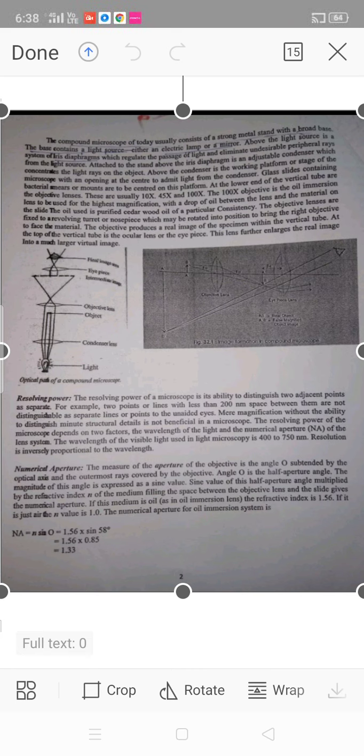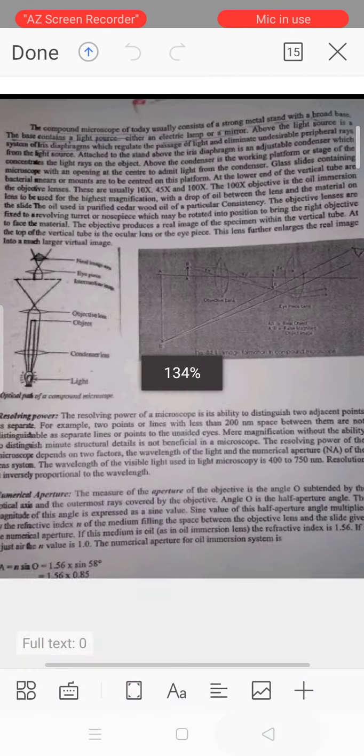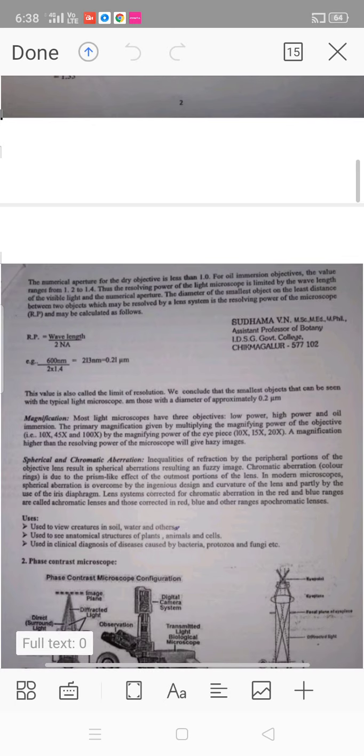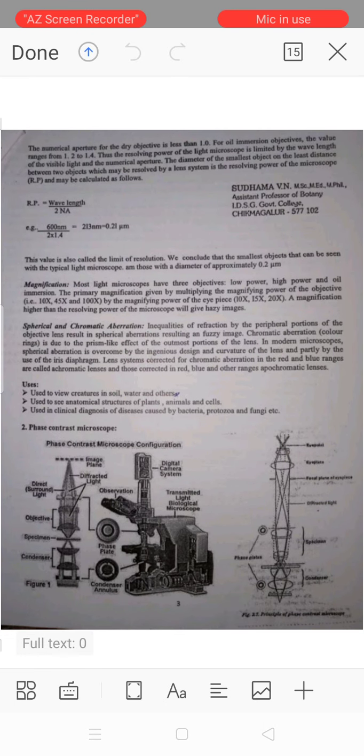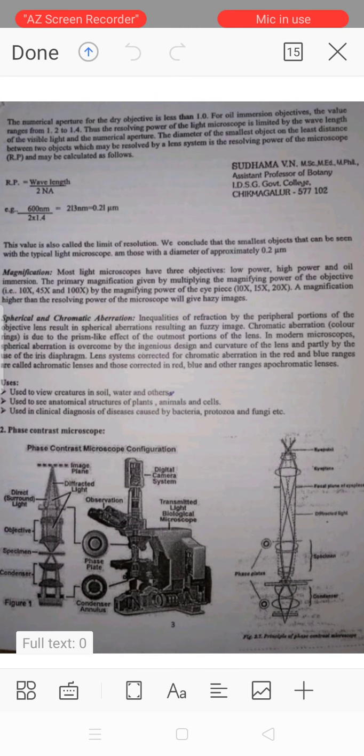The numerical aperture for oil immersion system is 1.3. The numerical aperture for the dry objective is less than 1. For oil immersion objectives, the value ranges from 1.2 to 1.4.